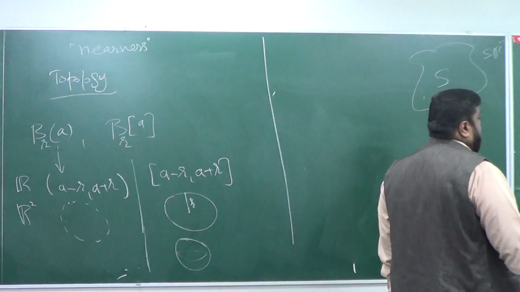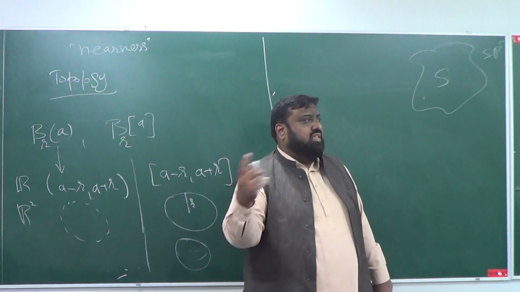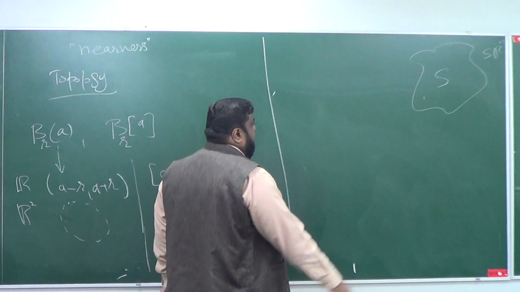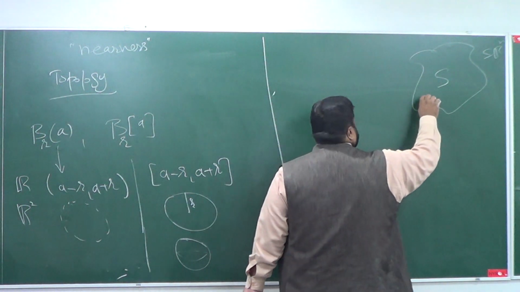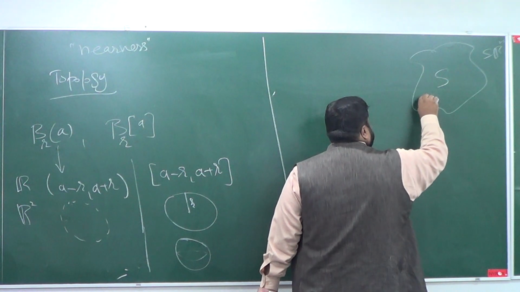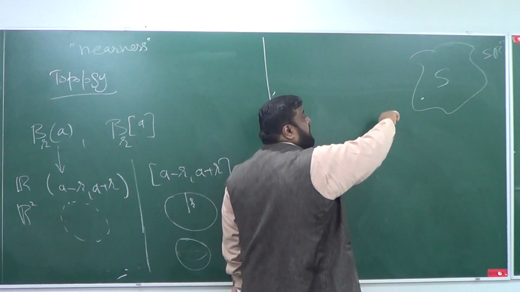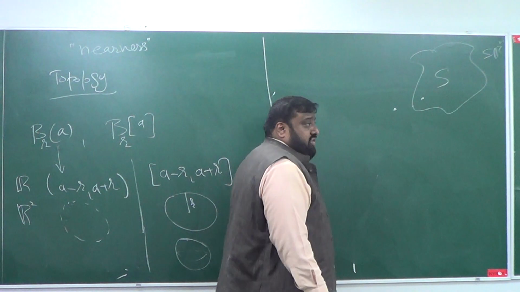And then we will obviously want to look at what would be the meaning of it in 1 dimension and in higher dimensions. So S is a subset of Rn. Then we defined the meaning of a point being inside S, in the interior of S, in the exterior of S, and on the boundary of S.